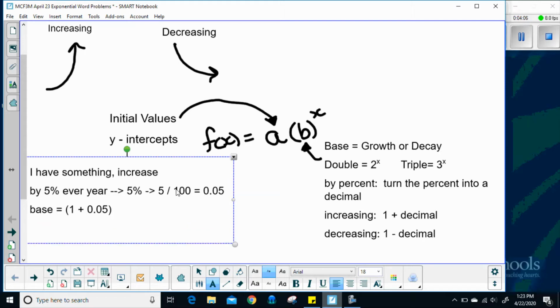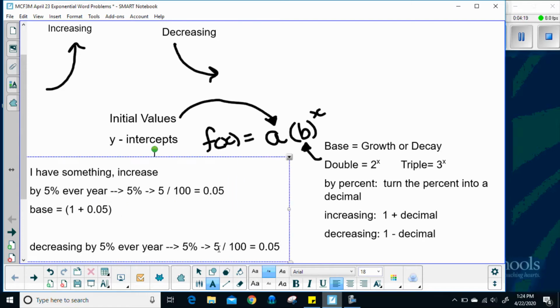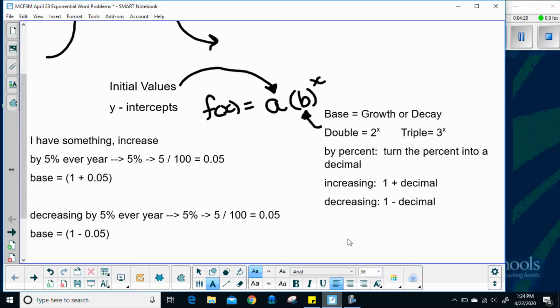If I was decreasing by 5% every year, I still use that same decimal, but my base is now going to be 1 minus 0.05. Okay, and that's important. And when our questions are looking for what they call the growth factor or the growth rate or the decay rate, that's our decimal that we're talking about, 0.05.